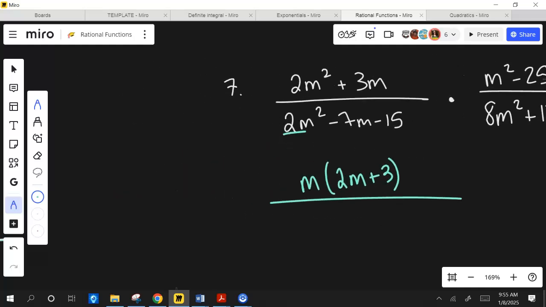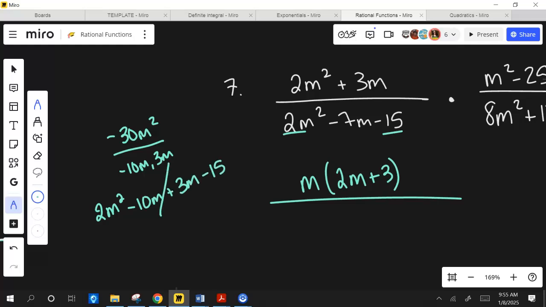What multiplies to negative 30m squared but adds to negative 7m? Yes? So I've got 2m squared minus 10m plus 3m minus 50.